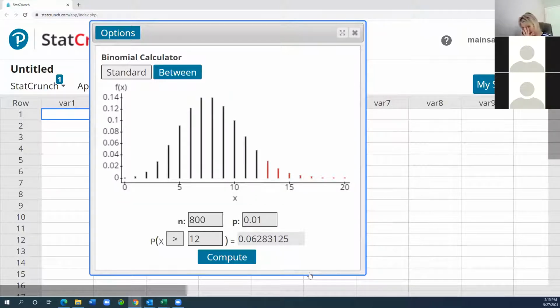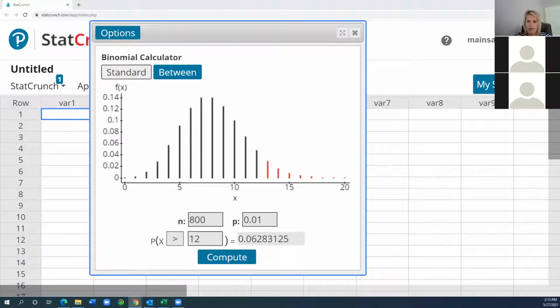And we're asking ourselves if this is considered unusual. And this is not unusual because it's not less than 5%. So let me go back to our paper here.